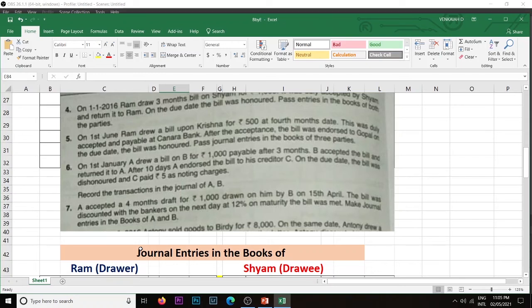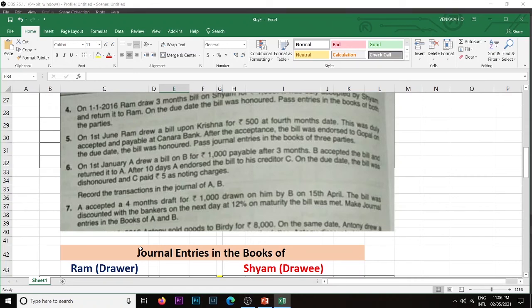The bill was discounted with the bankers on the next day at 12% and on maturity the bill was met, means honored. Make journal entries in the books of A and B.